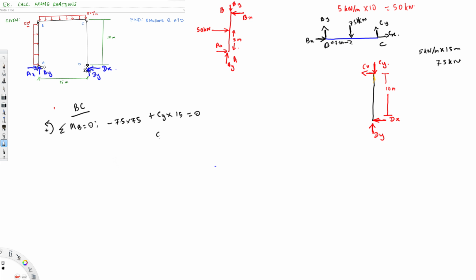If I calculate CY, it comes out to be minus 37.5 kilonewton.